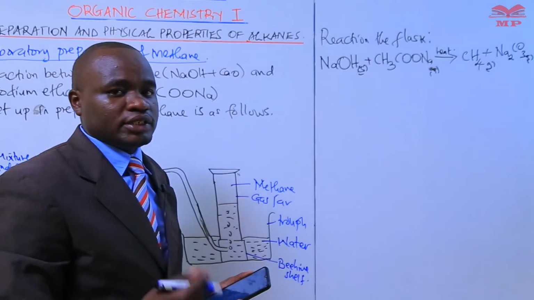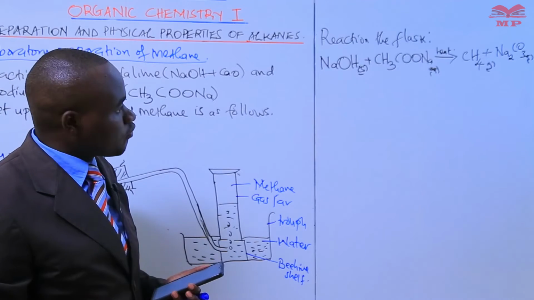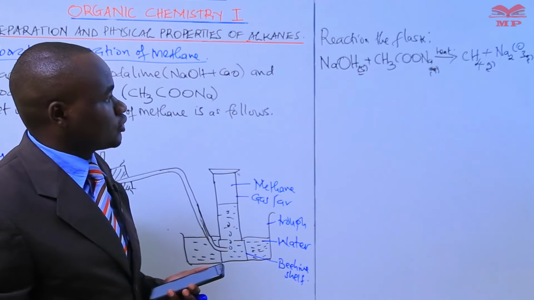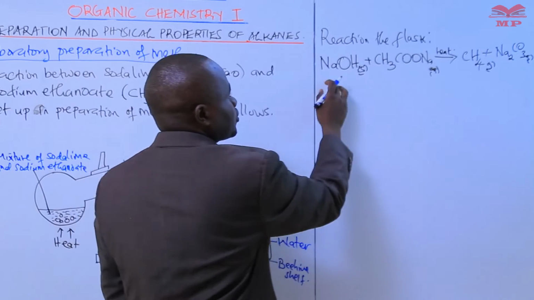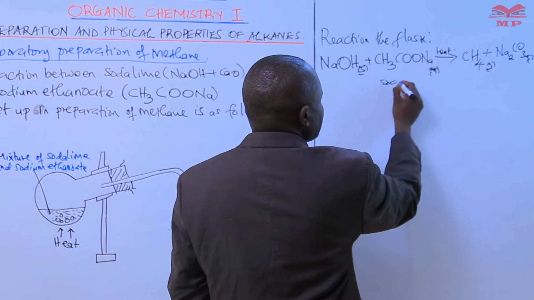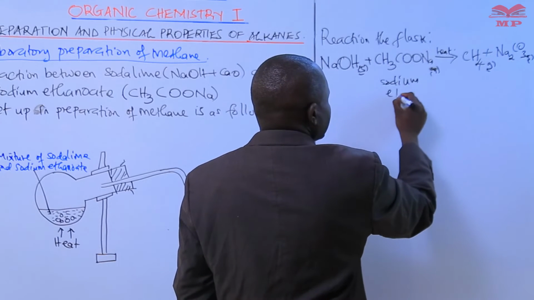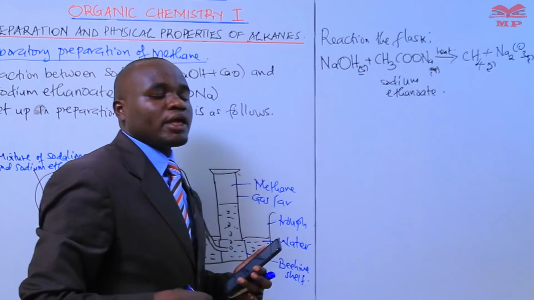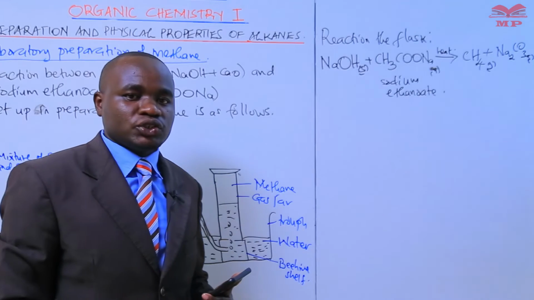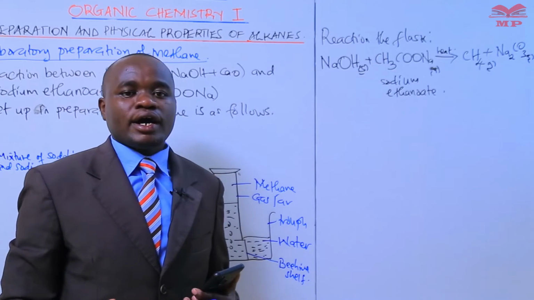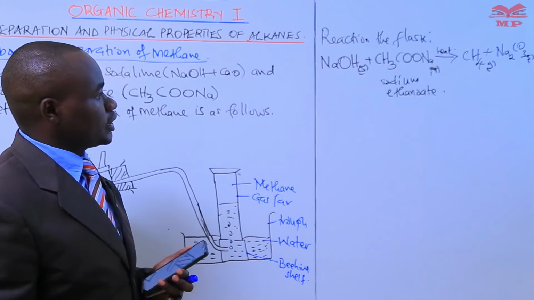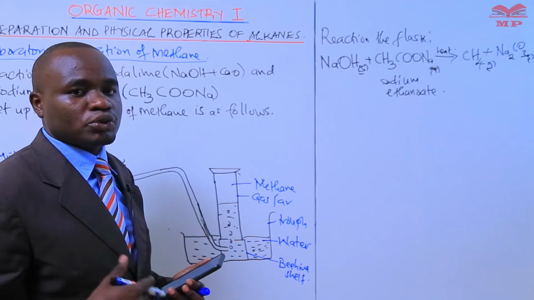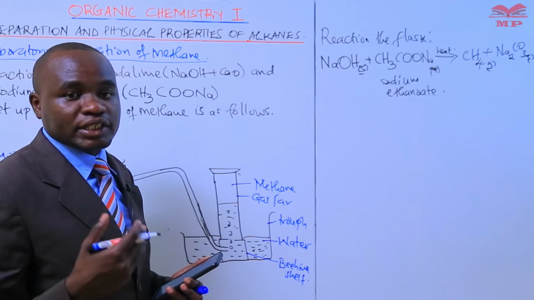So that is the reaction that will evolve methane gas. So it's the reaction between sodium hydroxide and sodium ethanoate. So I want us to look at other reactions that will produce alkanes. So the next reaction is the reaction that will produce ethane.